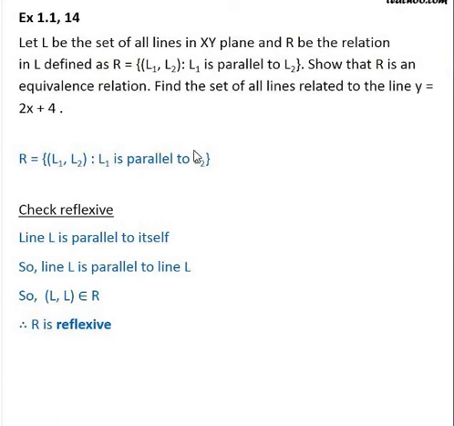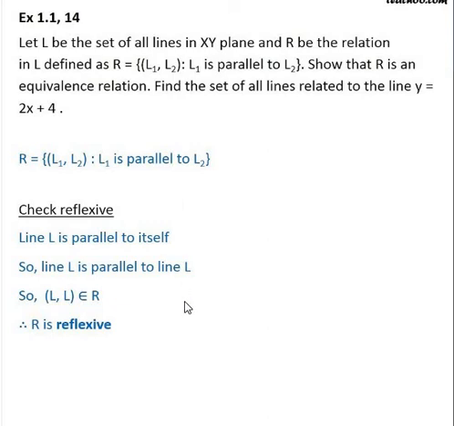Now see, if L1 is parallel to L2, we can always say that any line is parallel to itself, and therefore (L, L) belongs to R. Hence R is reflexive. Now if we consider any lines L1 and L2, if L1 is parallel to L2, L2 must be parallel to L1, and therefore if (L1, L2) belongs to R, we can say that (L2, L1) belongs to R, and therefore it is symmetric.